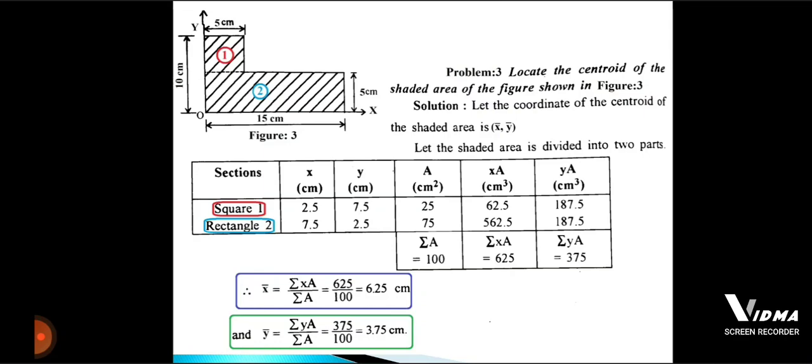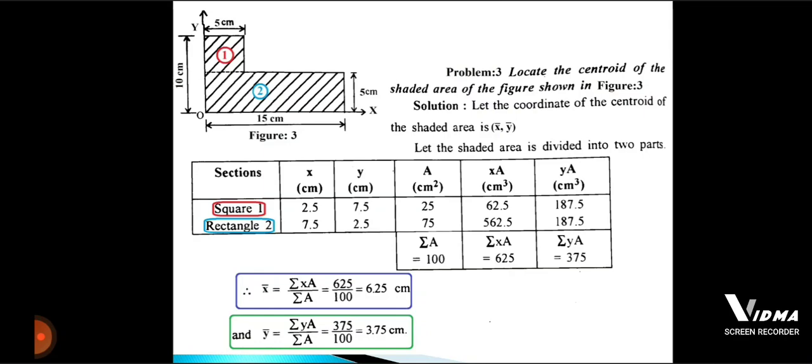And finally we have to add all the areas, that means the area of square 1 and the area of rectangle 2. The sum of area is 100, the sum of moment of area XA is 625, and similarly the sum of YA is 375.